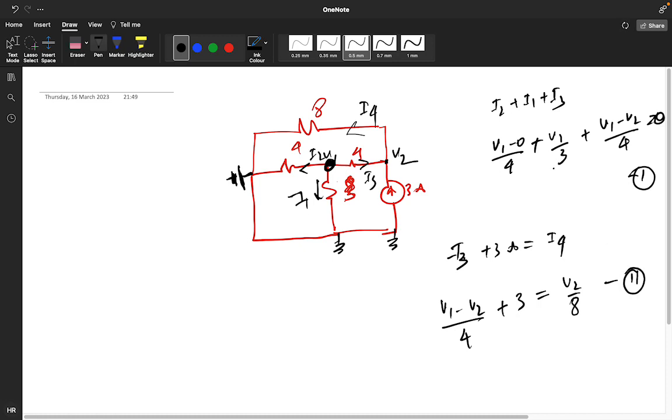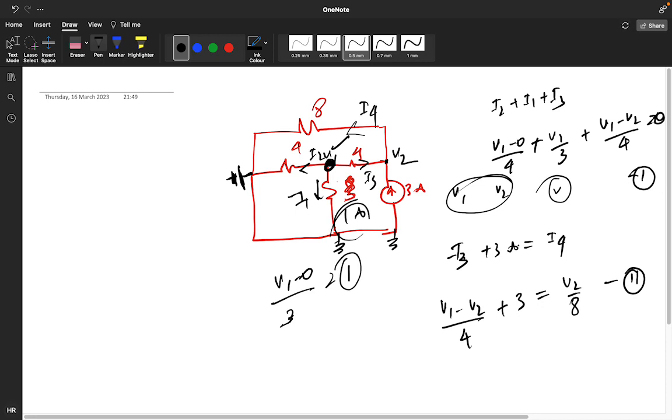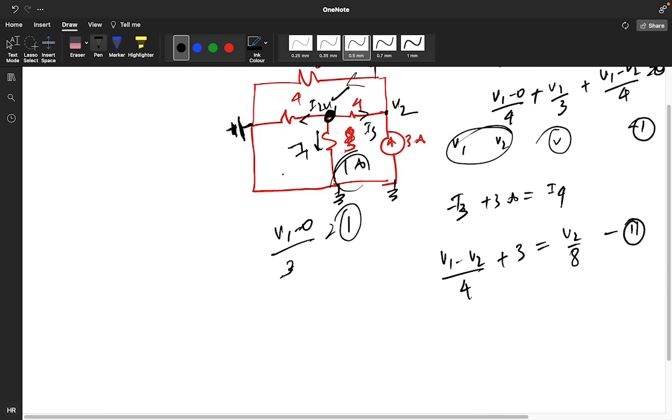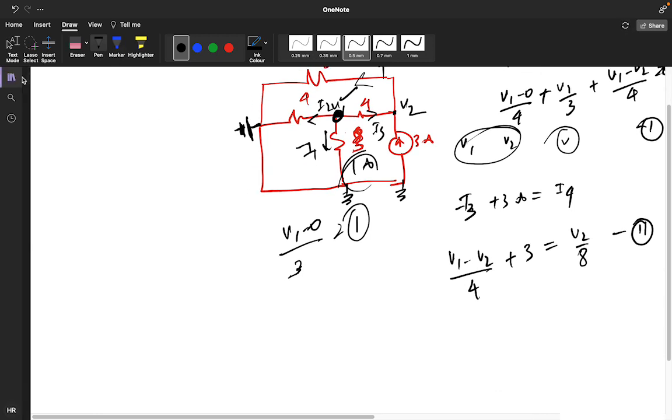You have equation 1, equation 2, two unknown values, V1 and V2. Get the value of V1. V1 minus 0 divided by 3, you will get the result as 1 ampere only. By this way you can also solve. It's up to you how you use the theorems.